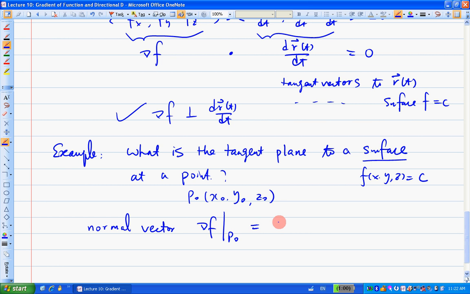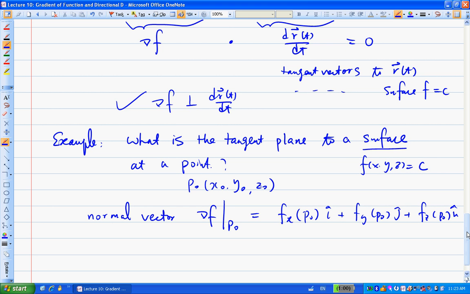So if I calculate this out, it's basically fx at P naught i hat plus fy at P naught j hat plus fz at P naught k hat.